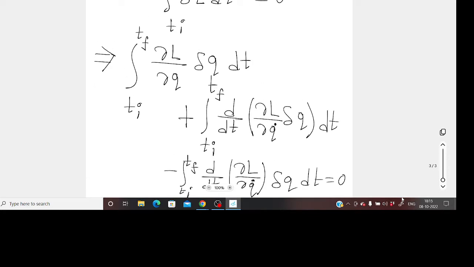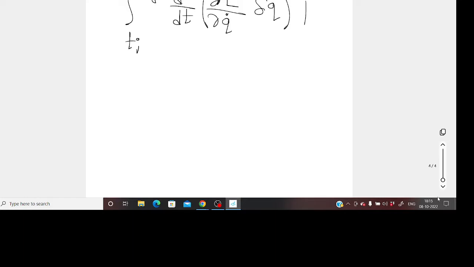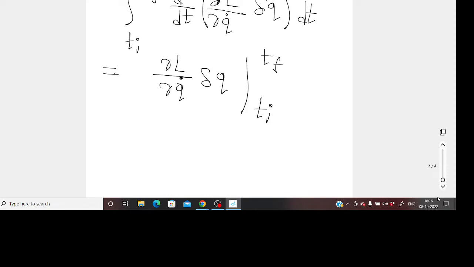Now consider the second term of this equation. Okay? Only the second term. So the second term is this. Now if you integrate it, then you will get this at Ti and Tf, right?